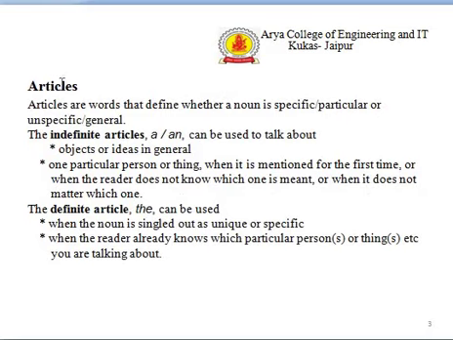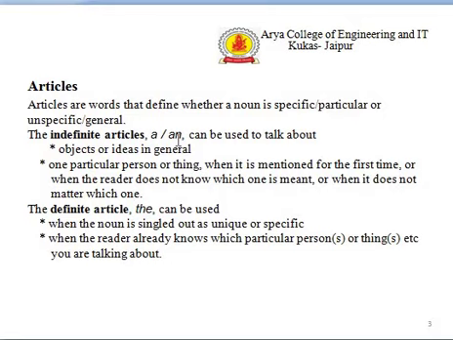Now we come to the use of articles. Articles are words that define whether a noun is specific, particular, or unspecific, that is general. So articles do two things. They tell whether the noun is general or whether the noun is a particular noun. We have two types of articles: the indefinite articles a and an.